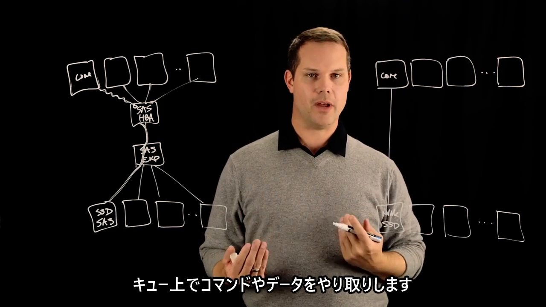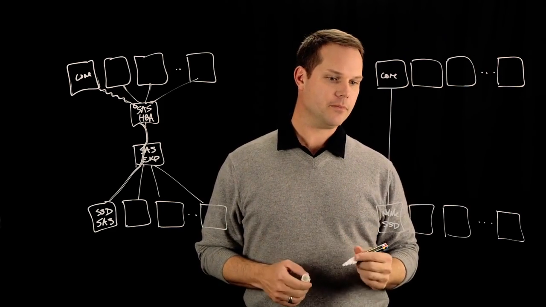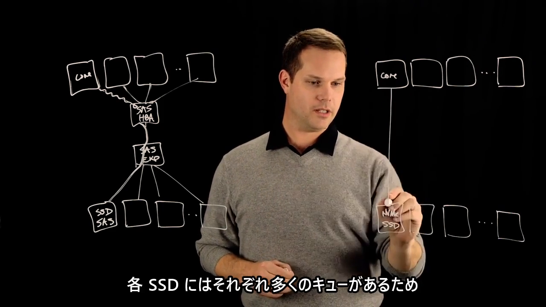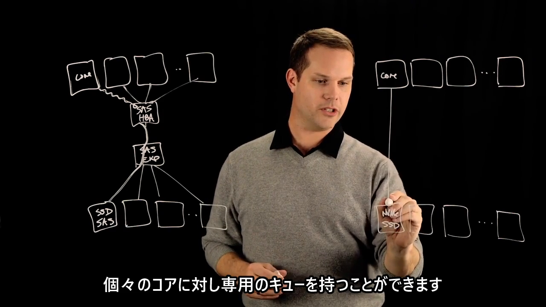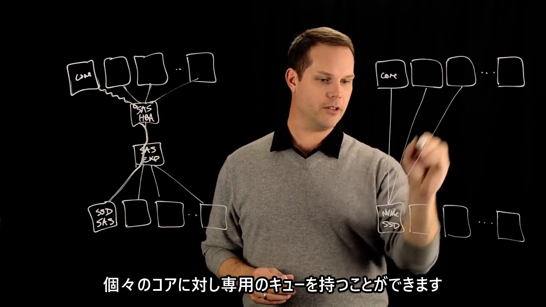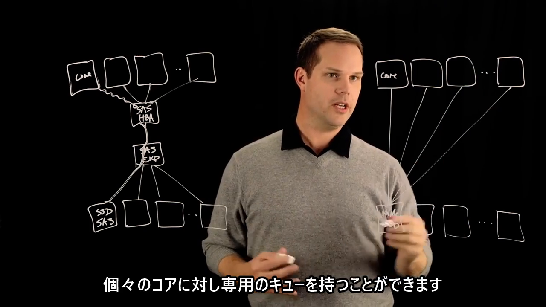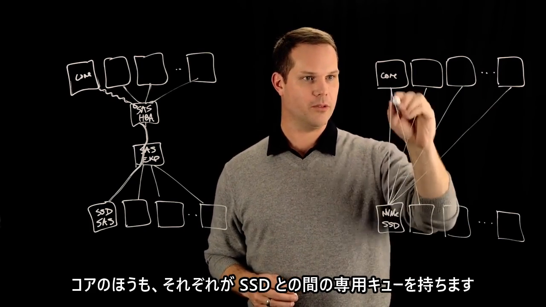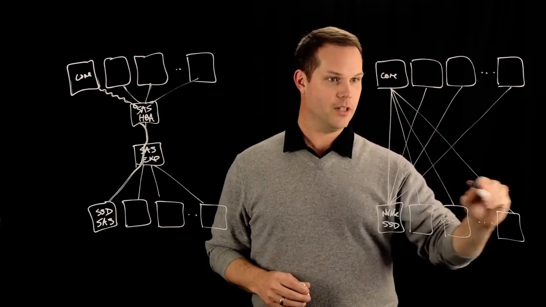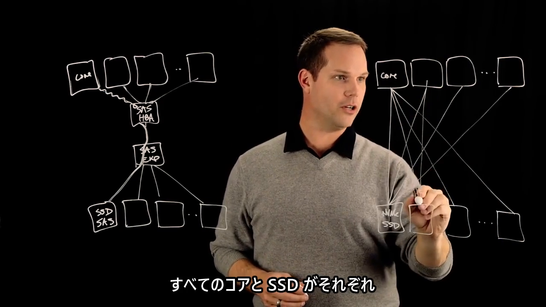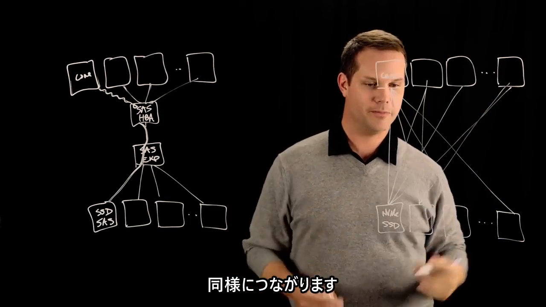So they can exchange commands and data on that queue. So the many queues that exist for each SSD allow them to have a private queue to each core. And conversely, each core in the system can have a private queue to each SSD. And of course, this is really an all-to-all, so we could start to fill in all the lines.